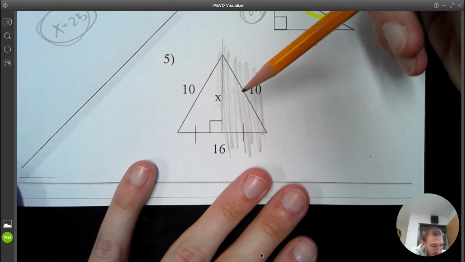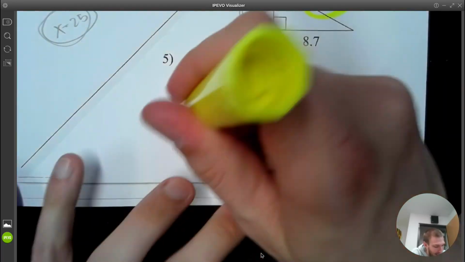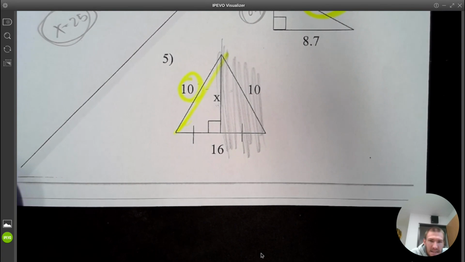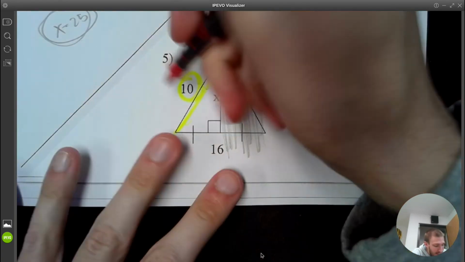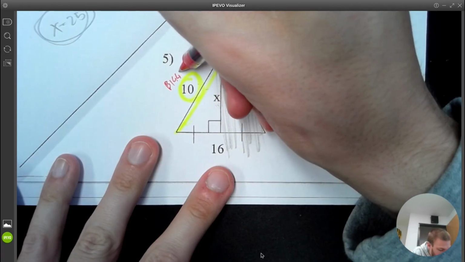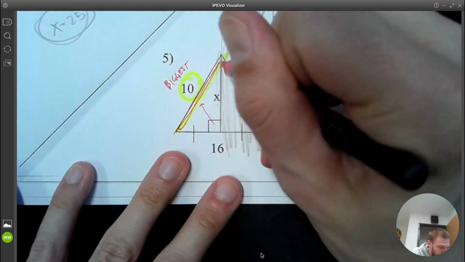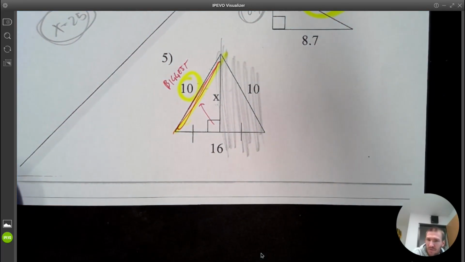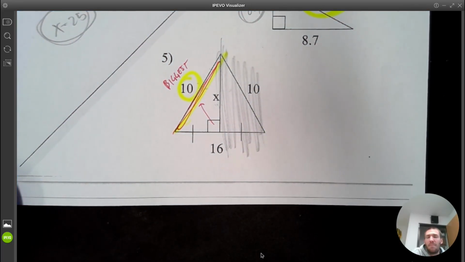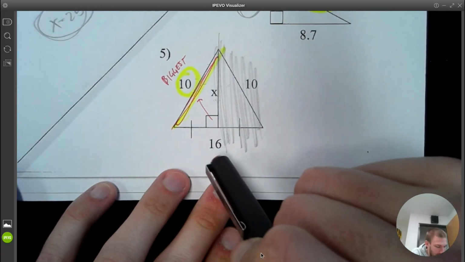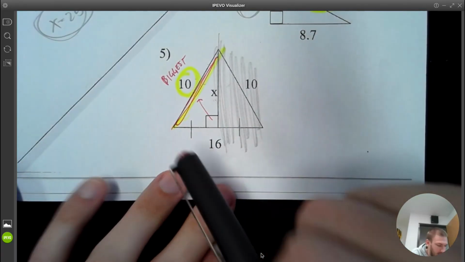Okay, the problem here is that 10 is supposed to be the hypotenuse. Okay, 10 is supposed to be the biggest side, right? It's diagonal. It goes across from the square root. But how come 16 is bigger than 10? 10 has to be the biggest. So what's up with this?